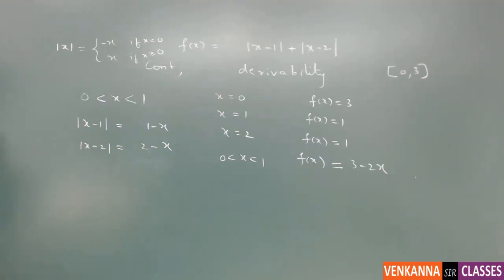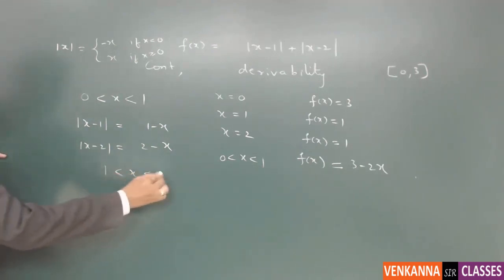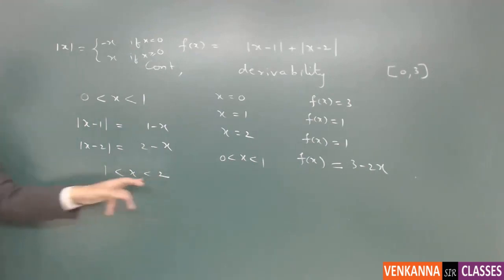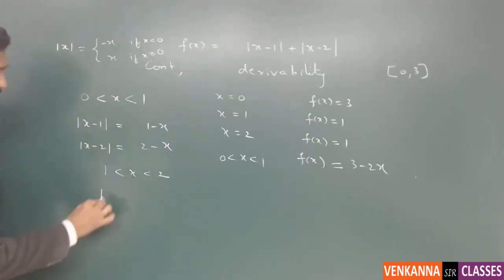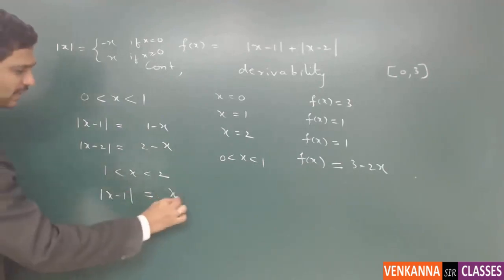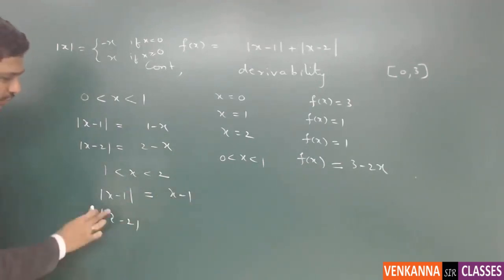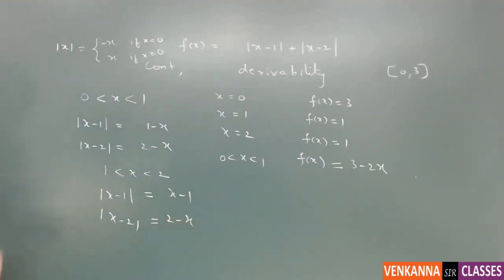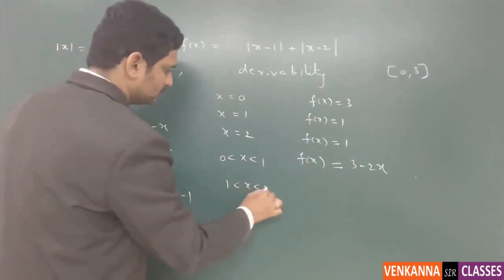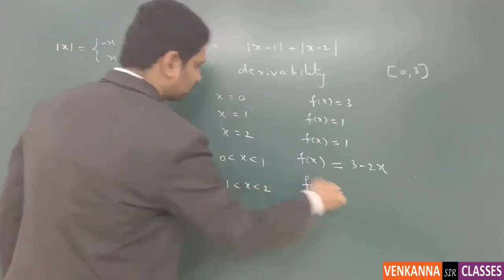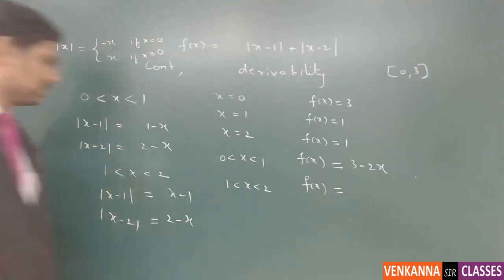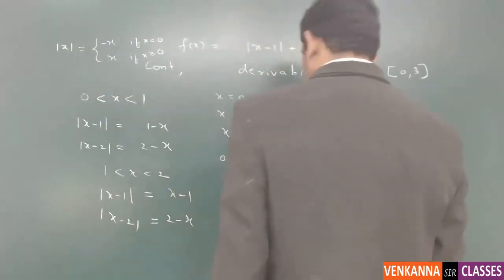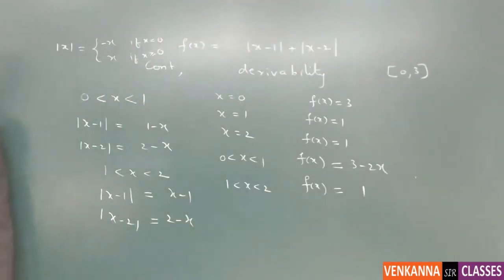Now if 1 is less than x is less than 2, x is a number which is bigger than 1 and less than 2, then mod x minus 1 is nothing but x minus 1, and mod x minus 2 is nothing but 2 minus x. So if you consider the value, f of x is nothing but 1, right?